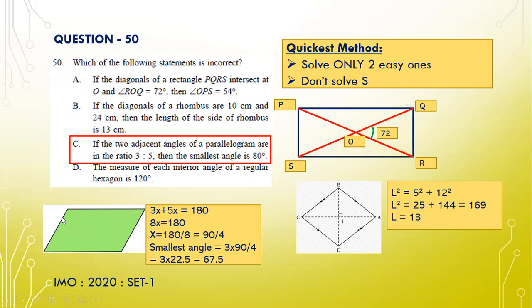So 8x is 180, so x is equal to 180 upon 8, which is 22.5. The smallest angle is 3x, so 3 into 22.5 is 67.5. So it is not 80 degrees, it is 67.5 degrees. So option C is the incorrect option.